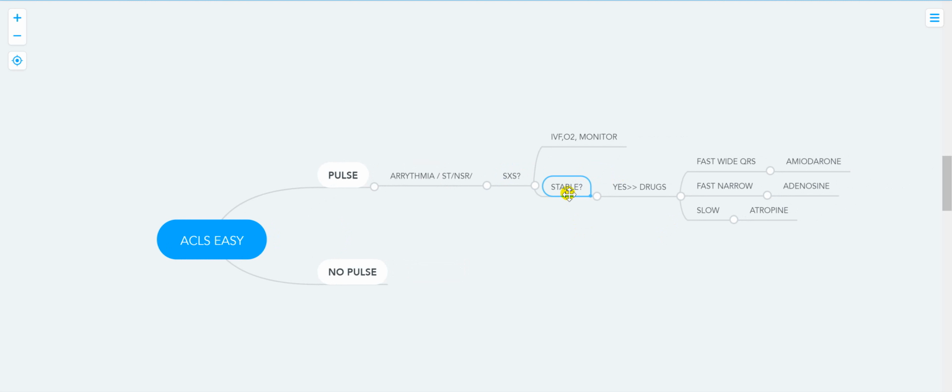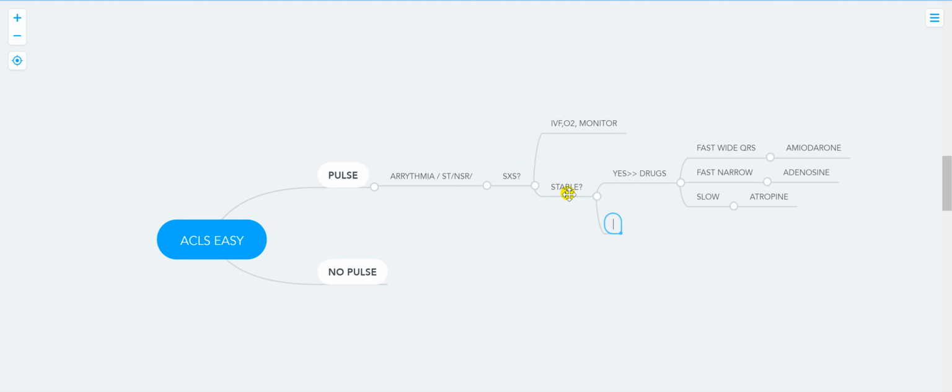What if it is not stable? If it's unstable, what does that mean? Not stable means the blood pressure is less than 90, and there is shortness of breath, altered mental status, or chest pain.